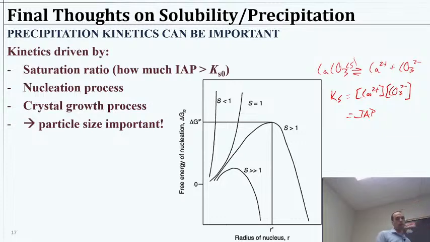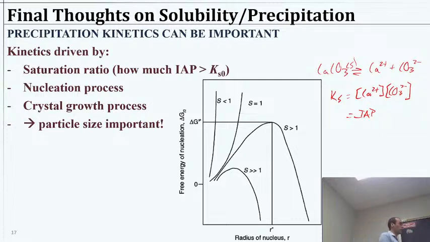So if we have a saturation ratio where S is greater than 1, that's the comparison between the IAP and the K, then we're supersaturated. If we are way supersaturated, we have a very high S. So that would be this case. This plot is looking at the free energy for nucleation.